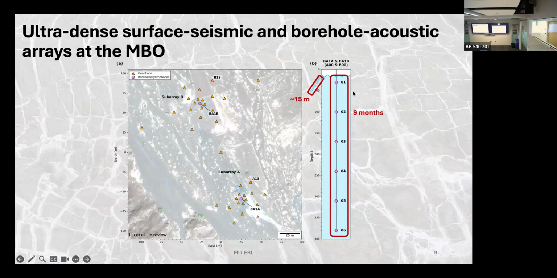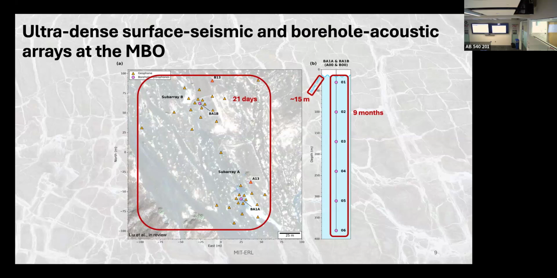And near the end of the hydrophone deployments, they further augmented the observation system with this array of densely spaced geophones. And the geophones were there only for 21 days. Another noteworthy fact is that the geophone array is very dense with a minimum station spacing of 5 meters. As we'll see later, this small station spacing is pretty necessary for the kind of signals that we observe.